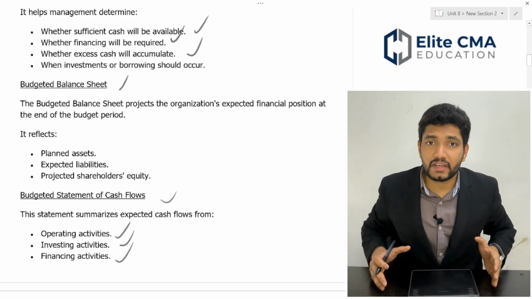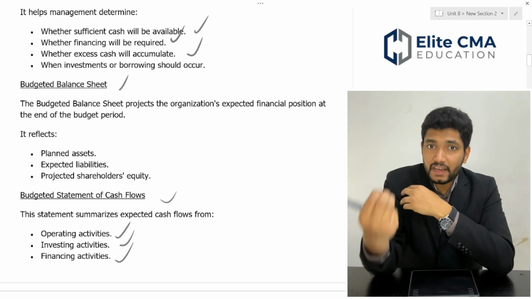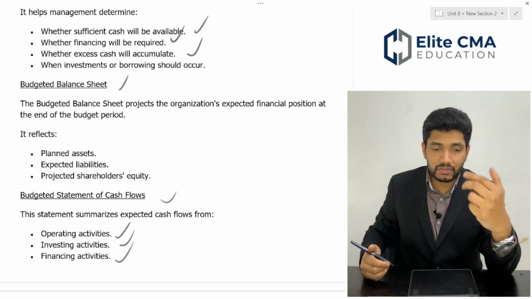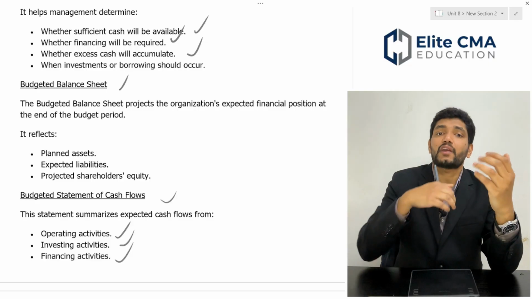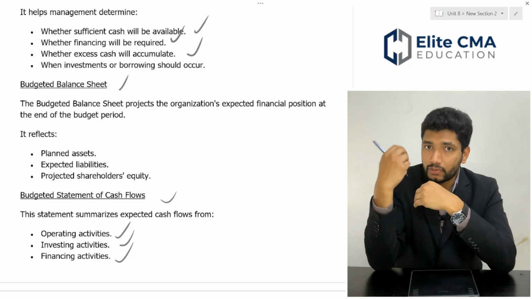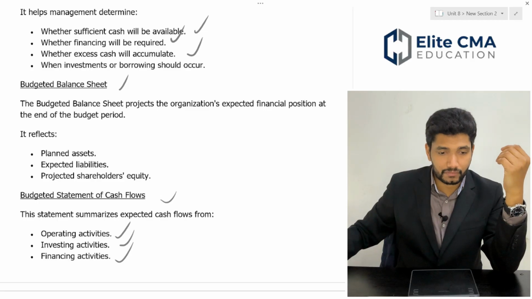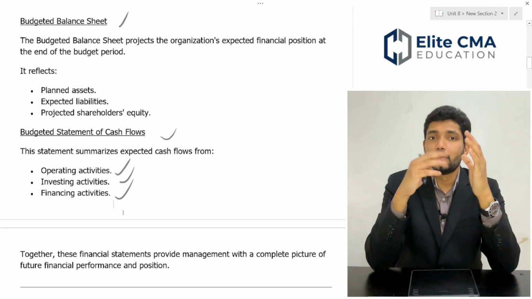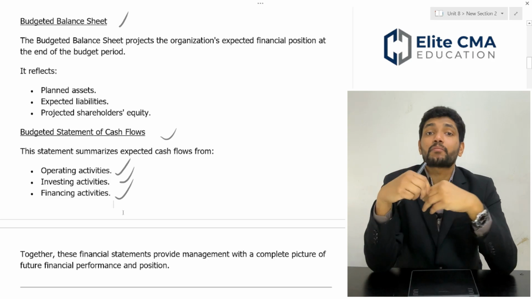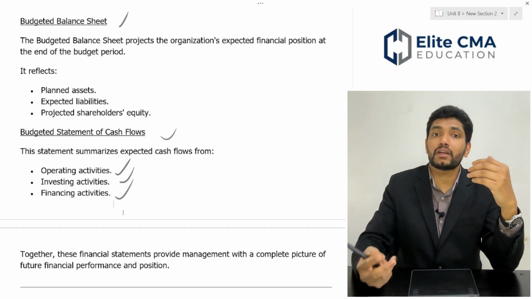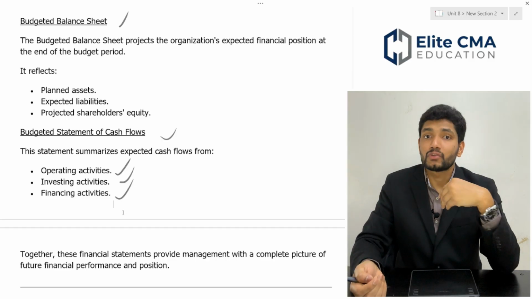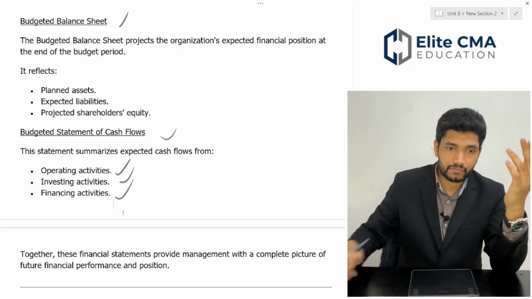So the budgeted statement of cash flow will show the expected cash inflow from operating activities, investing activities and financing activities, plus the expected cash outflow from these three activities. It will help the management to plan the cash in advance and to see whether any borrowing is required or whether there is any excess fund to make an investment.